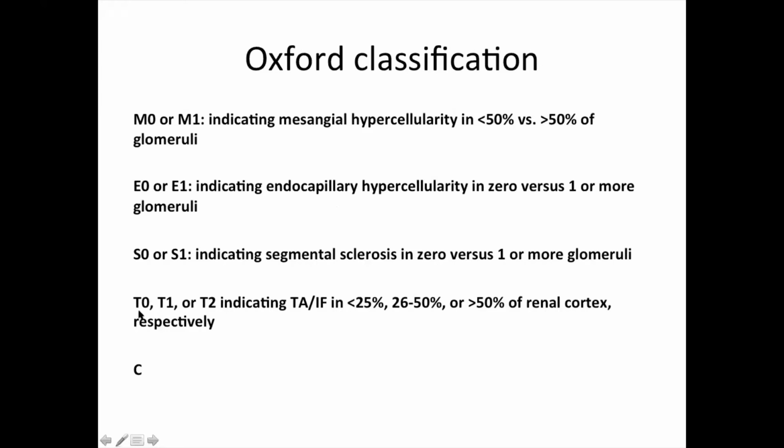And like we said, T0, T1, T2 is basically depending on presence of tubular atrophy, interstitial fibrosis in less than 25 to 50 or more than 50% of the renal cortex.